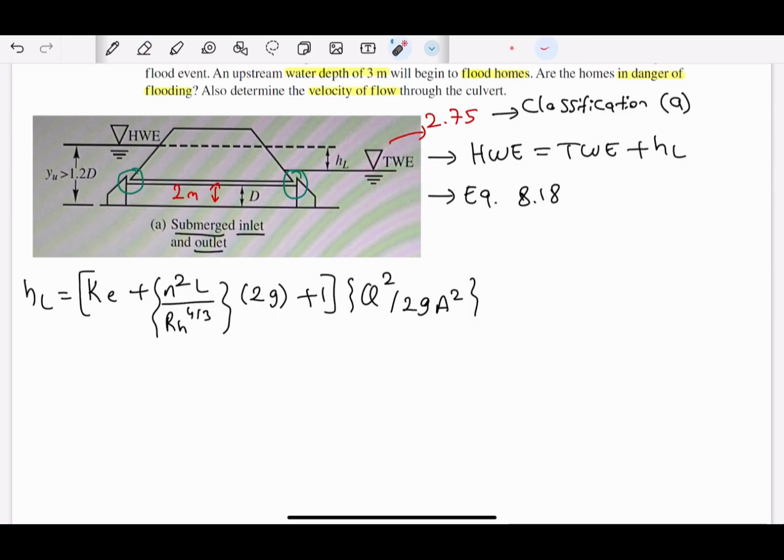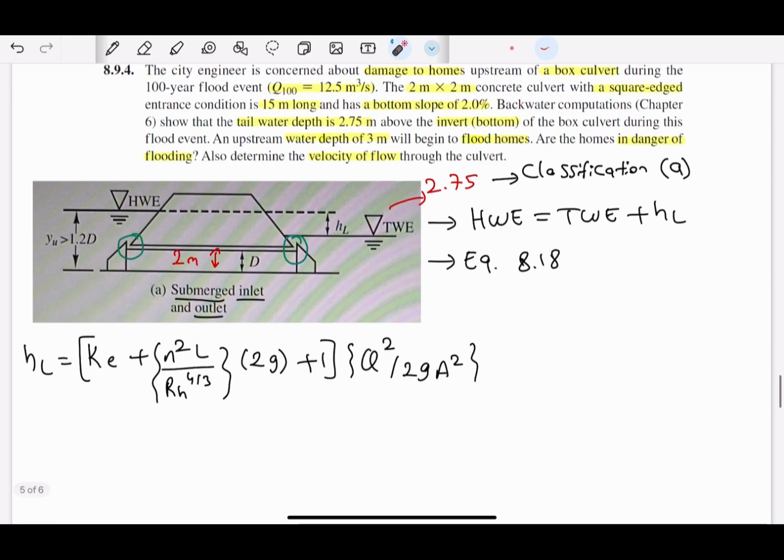So, considering these conditions, we are going to find the velocity of flow, and we will see the danger of flood. So we need to use equation 8.18, which is given here.